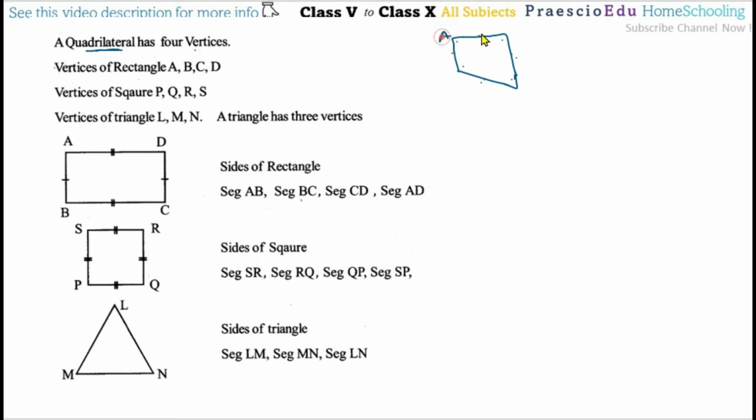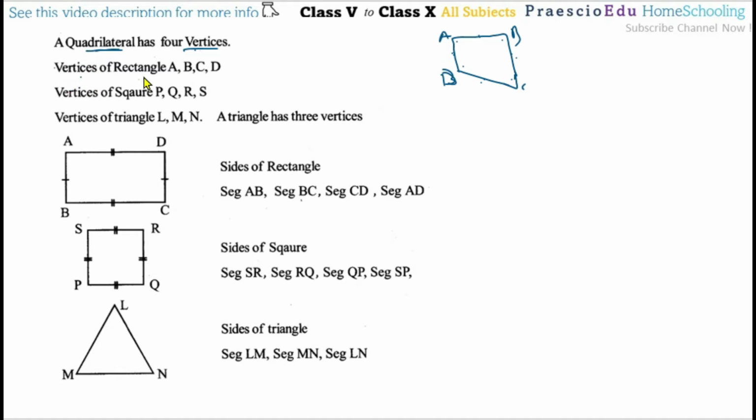Then we can say this is ABCD. Suppose this ABCD is a quadrilateral having four sides. Then a quadrilateral has four vertices, like our rectangle and the square, because rectangle and square are a classification of the quadrilateral, or we can say types of quadrilaterals.